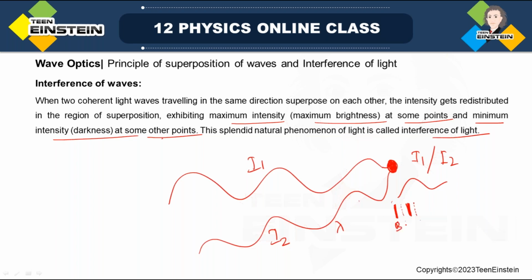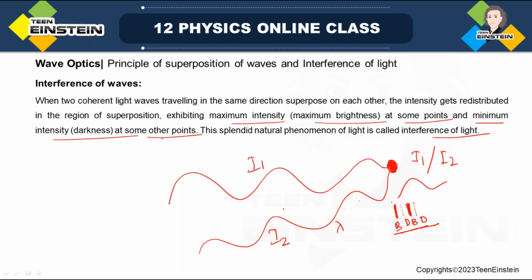I'll write B for bright and D for dark. So this alternating bright and dark, this beautiful phenomenon we will be able to see. This is actually called interference.